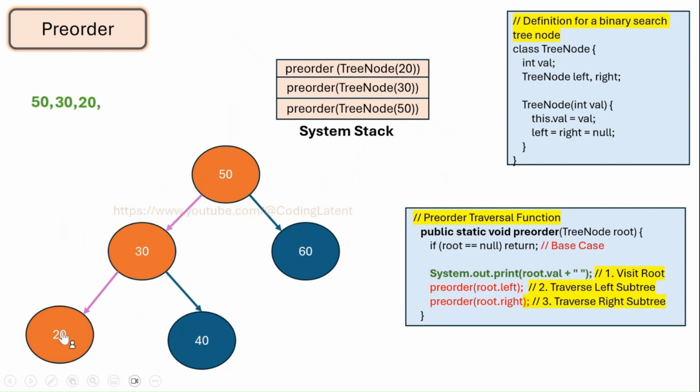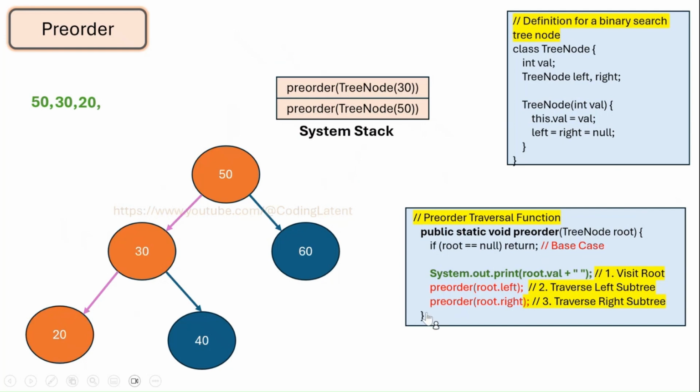So we'll visit the root. We will go to the left subtree, which is root.left, which is 20.left. It is null, so it will basically return. It will return to the next statement. So preorder of root.right will be called, which is 20.right, which is null. So it will again return back, and the preorder function for node 20 as a root will complete.